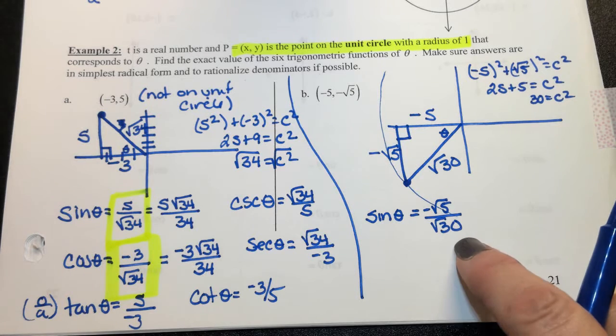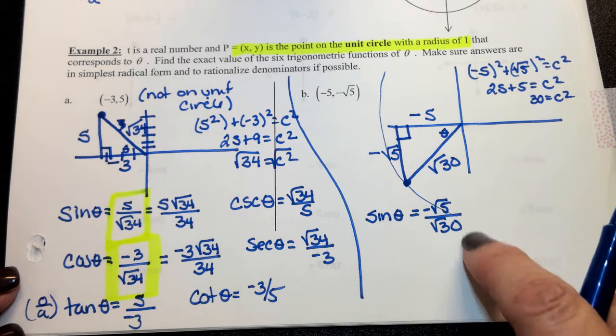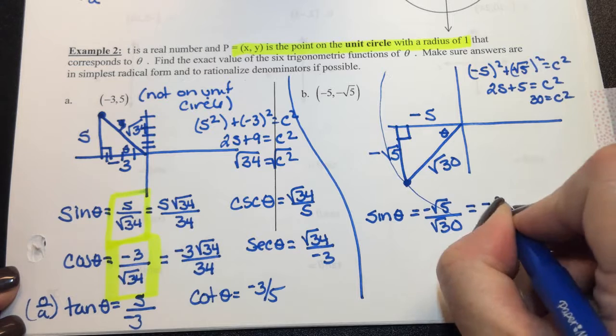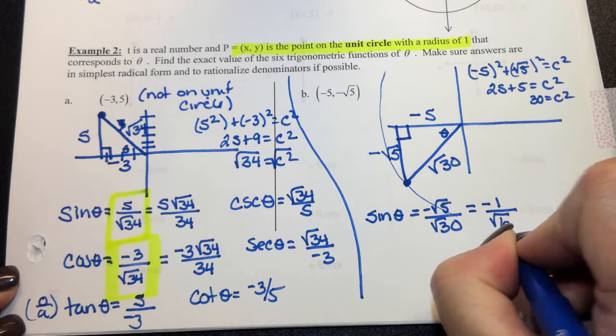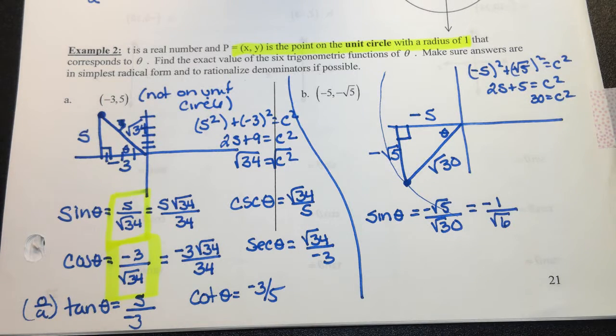Because both 5 and 30 are underneath radicals, I can simplify this fraction to be -1 over square root 6, because 5 divides out of 30 six times. Or, like I said, you could rationalize and then simplify. It's kind of up to you. You'll get the same answer in the end.